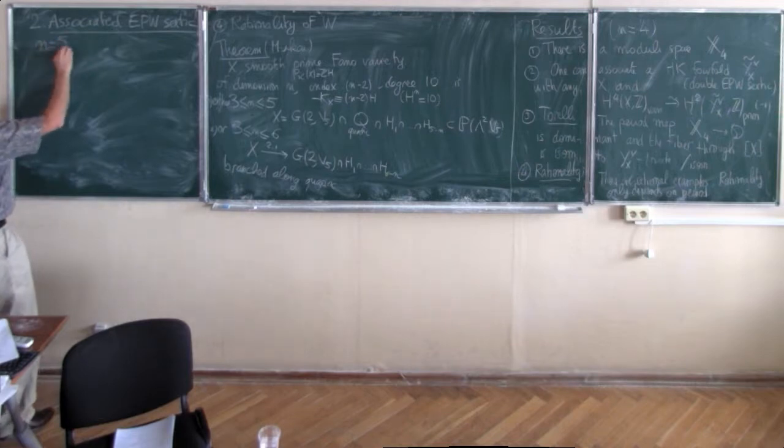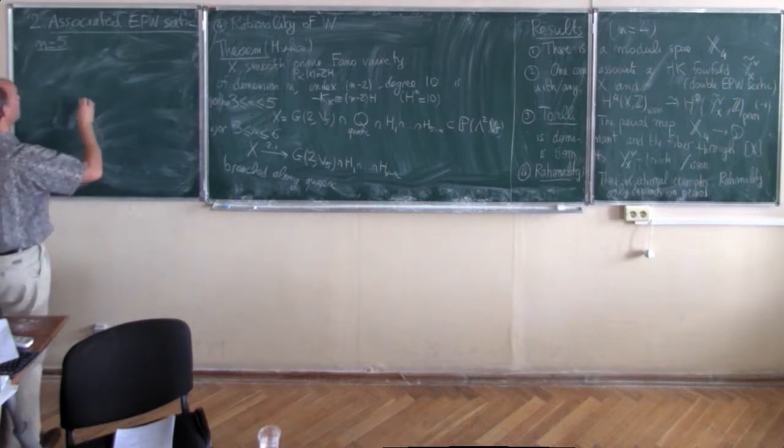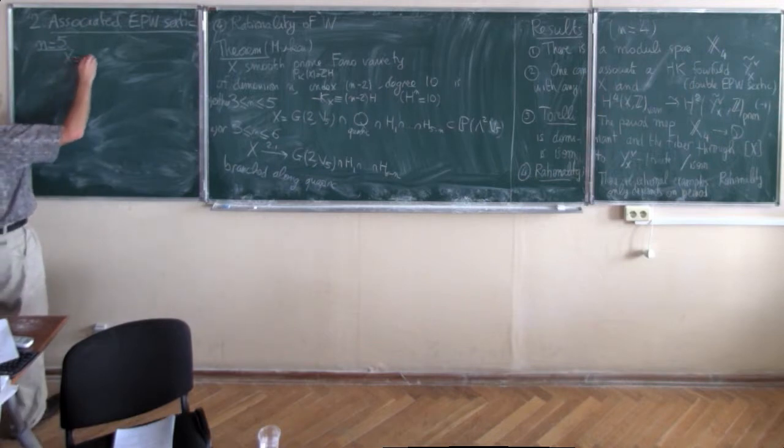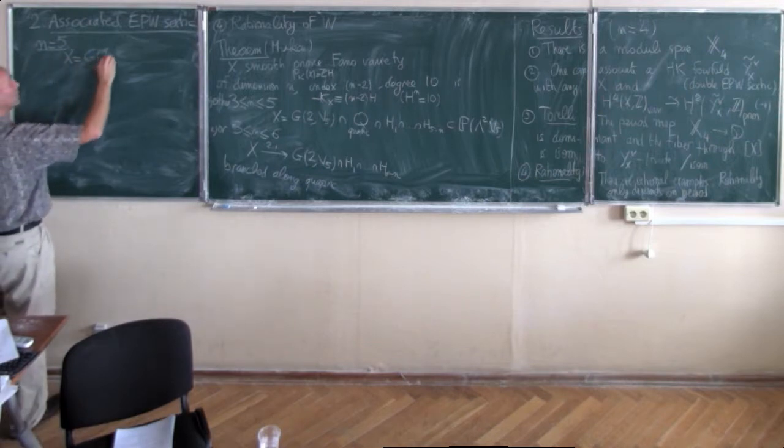Because in this case, a non-hyperelliptic 5-dimensional case, X is just the intersection of a quadratic line complex.